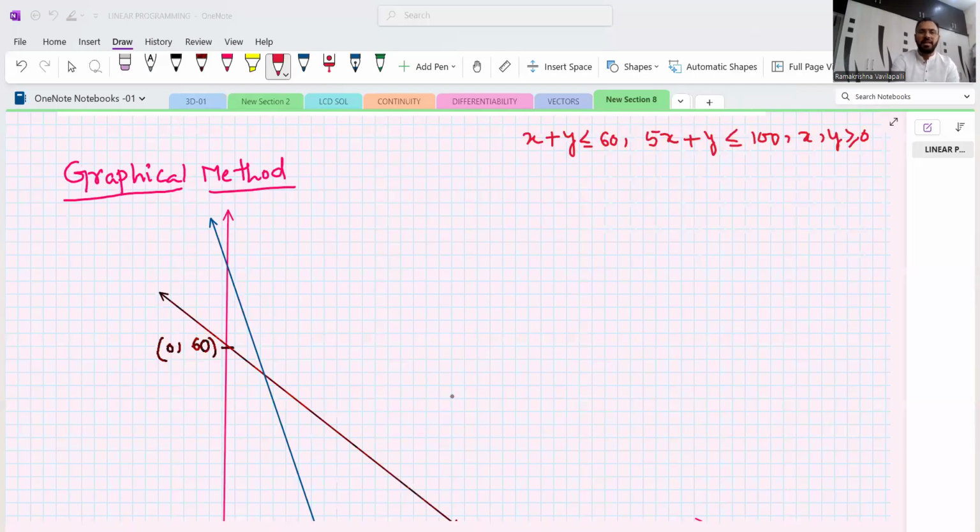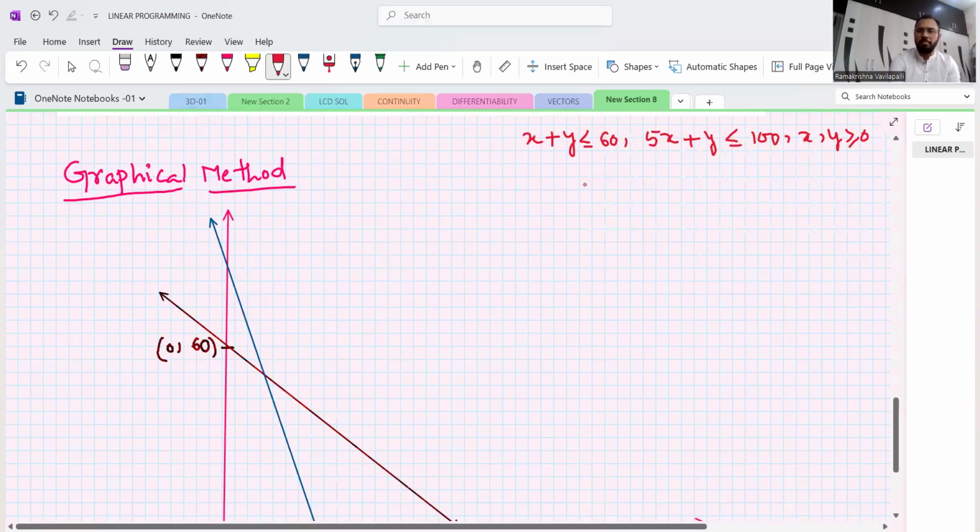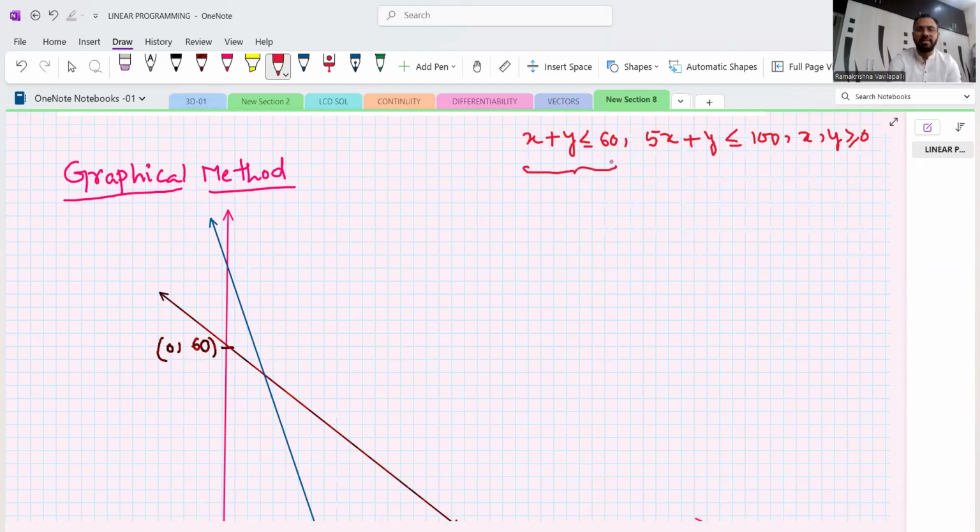Well, here we have two basic constraints: x plus y less than or equal to 60, which is the space constraint, and 5x plus y less than or equal to 100, which is the investment constraint. And x, y are non-negative.